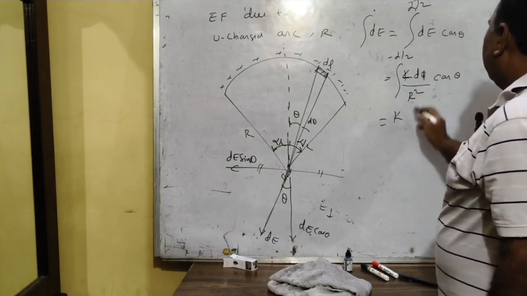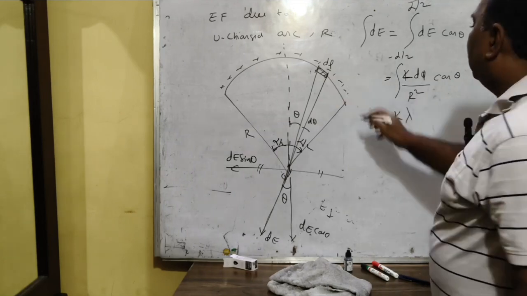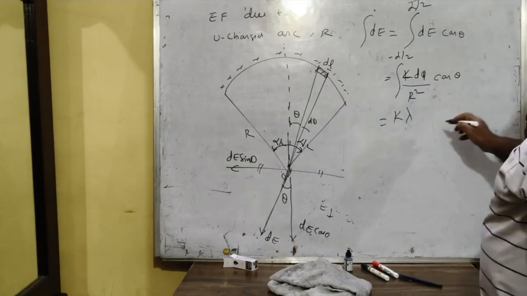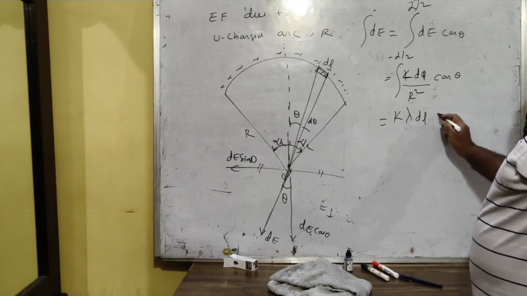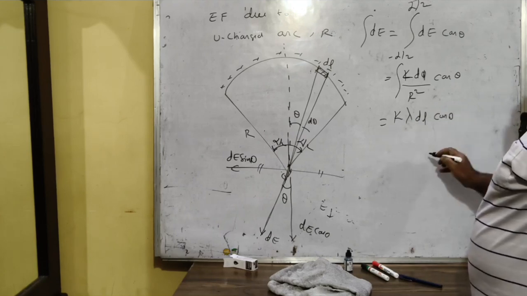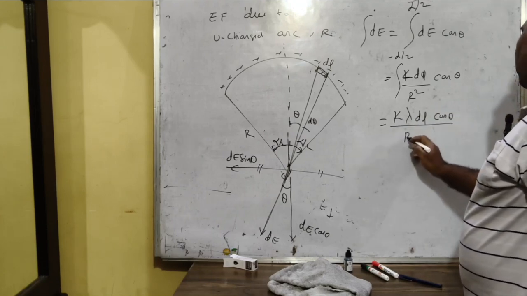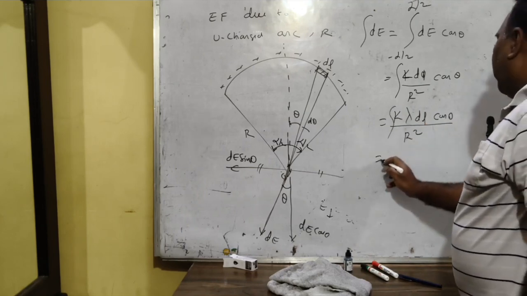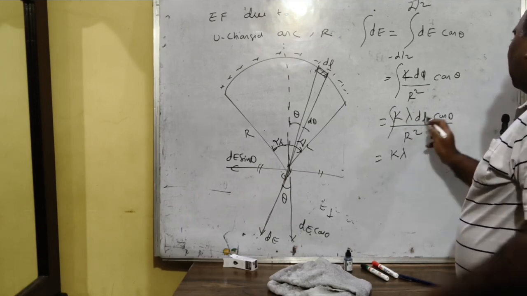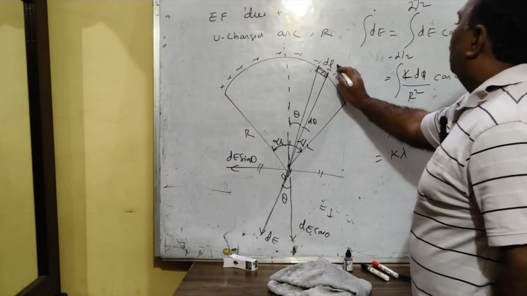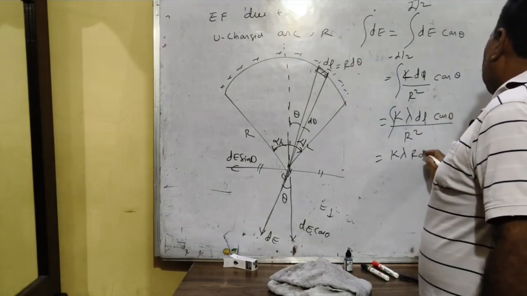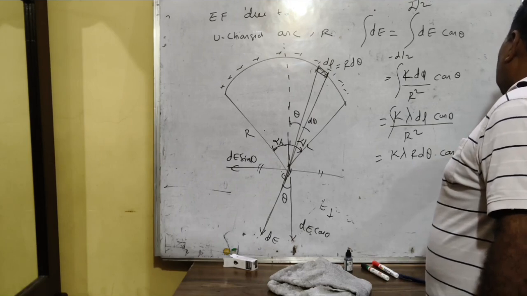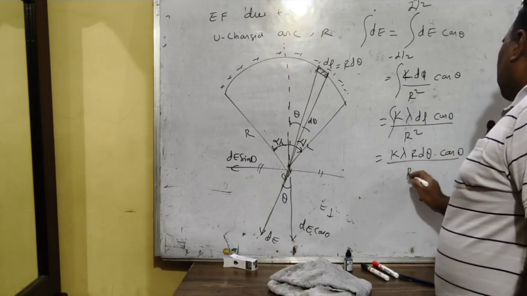K into dq, which is lambda, since this is also a linear wire with linear density lambda, into dl into cos theta by R squared. K into lambda into dl, and dl is equal to r d theta, so r d theta into cos theta divided by capital R squared.